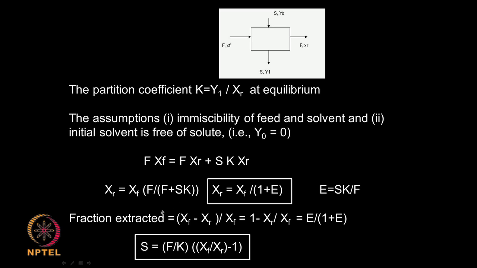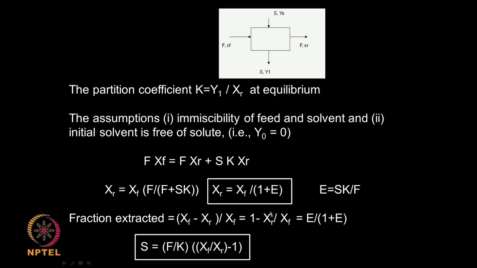So, the fraction extracted will be XF, that is the feed, minus XR divided by XF. XF is the concentration of the feed, XR is the concentration in the outgoing raffinate. So, that is equal to 1 minus XR by XF.